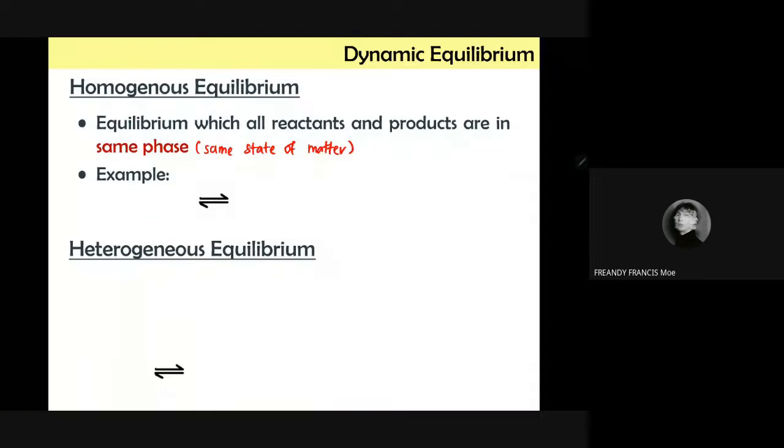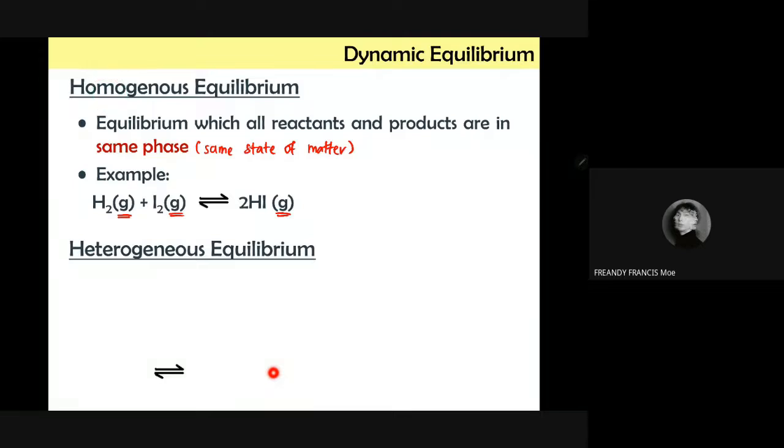So contohnya di sini kita tengok gas, gas dan gas. Reversible reaction yang berlaku di mana semua spesies yang terlibat dalam bentuk state of matter dia sama. So this is apabila kita ada situasi macam ni, sistem macam ni dan dia capai equilibrium, kita panggil the equilibrium is homogeneous equilibrium.